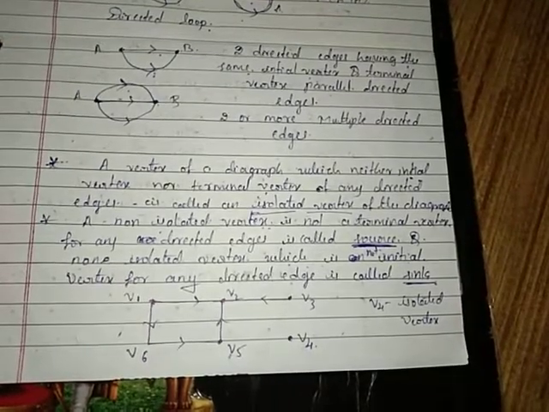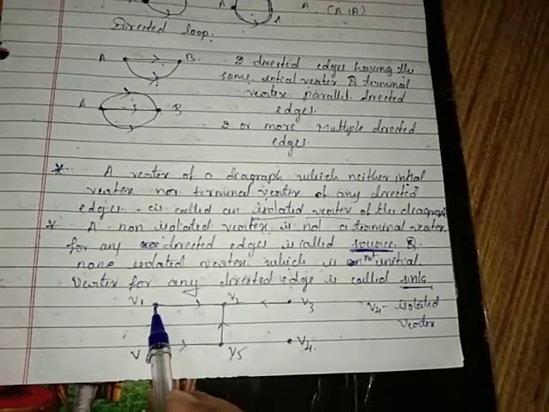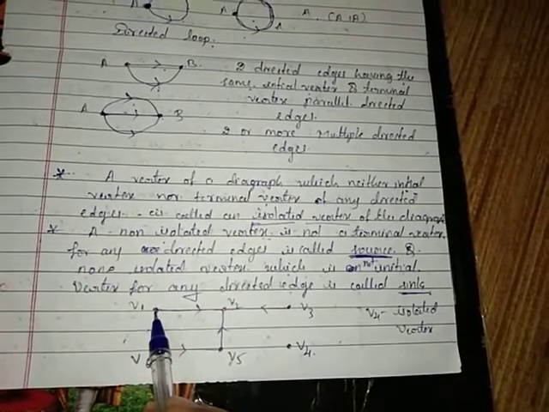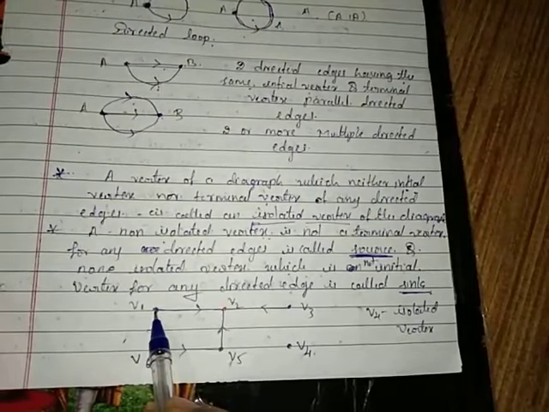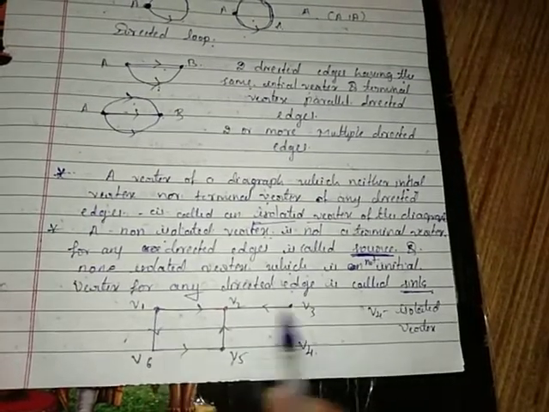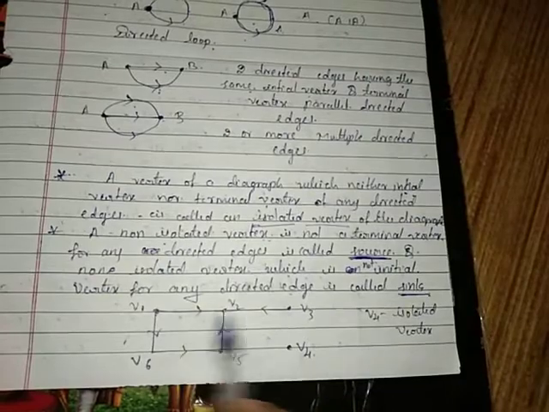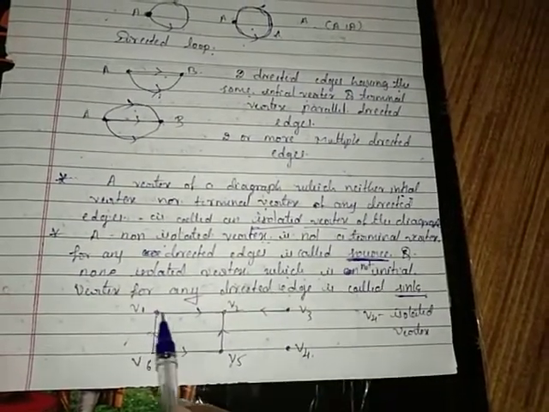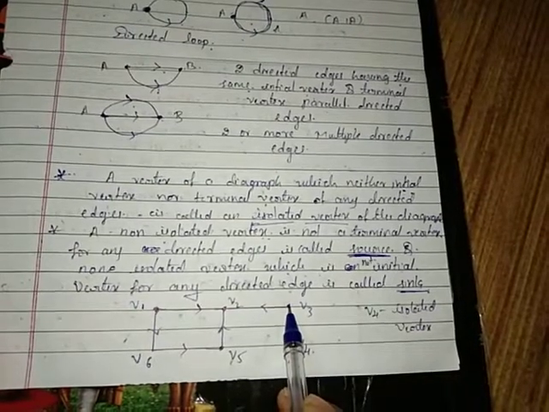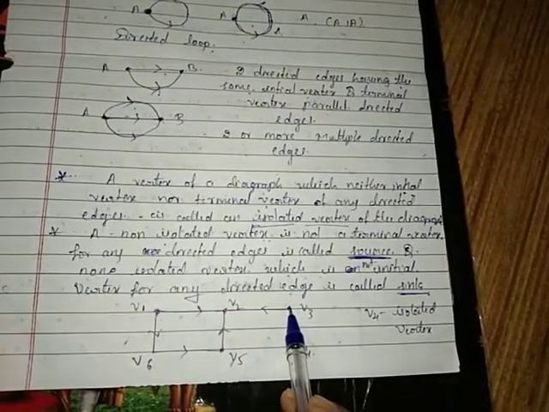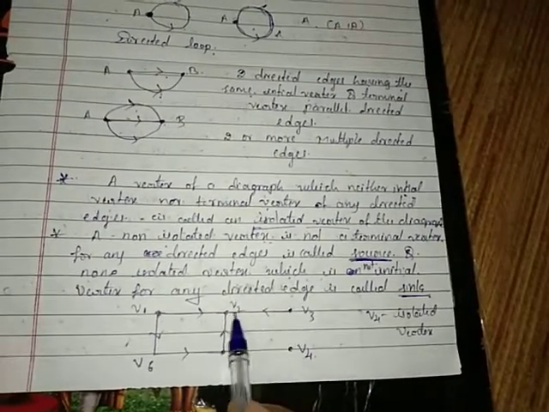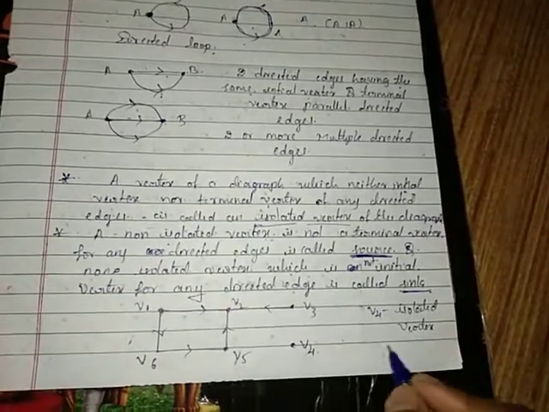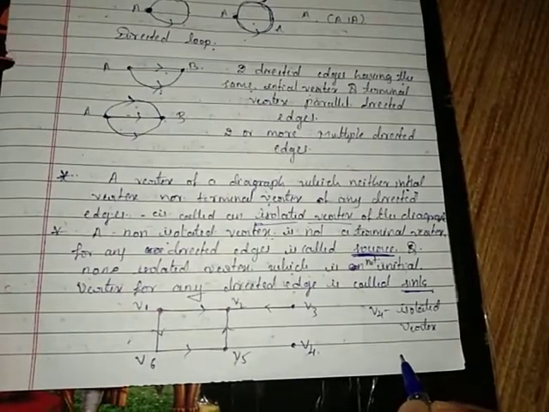And you also see the vertices V1 and V3. V1 and V3 are not the terminal vertices. A terminal vertex means a vertex where the edge ends.